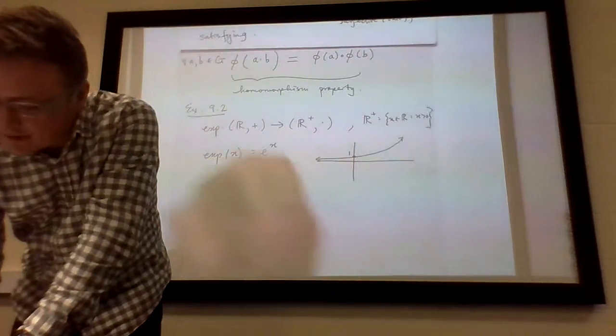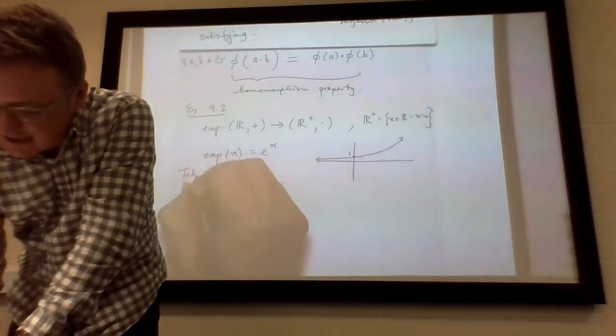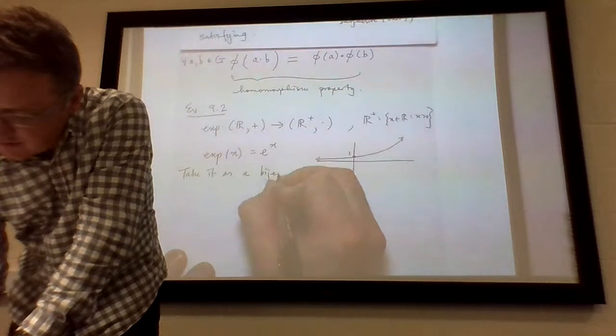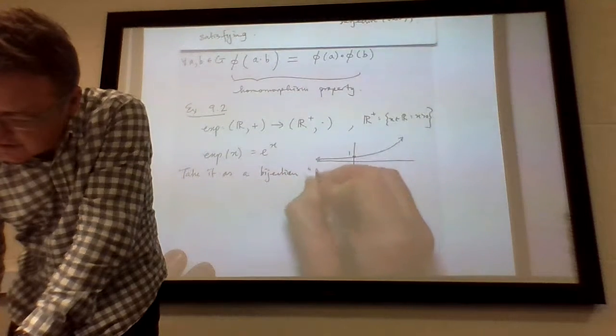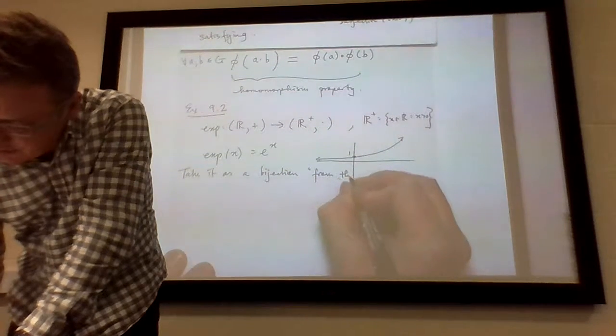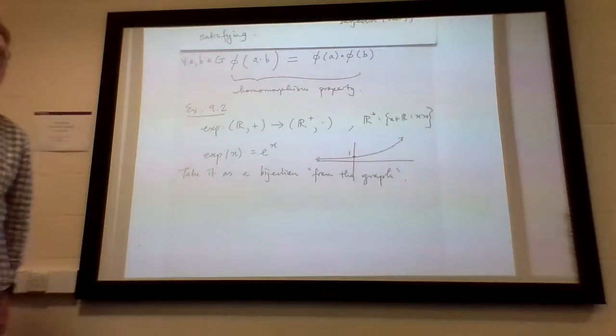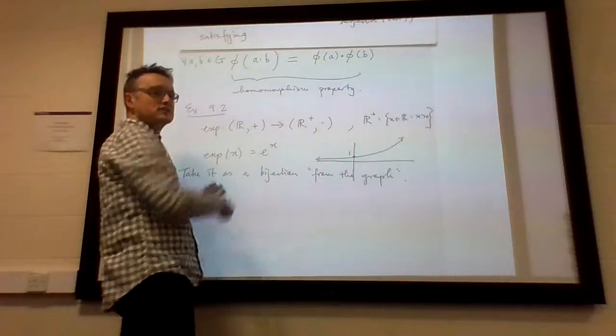So we'll take it as a bijection from the graph, so to speak. To actually prove it's a bijection, you have to get into some calculus and the real numbers, but the graph looks like a bijection.